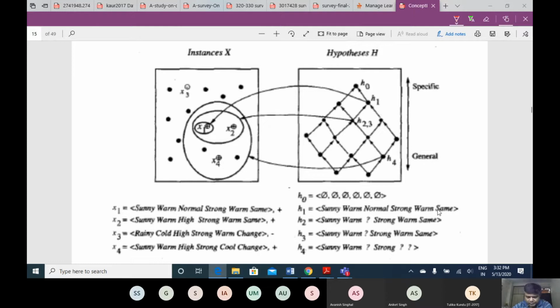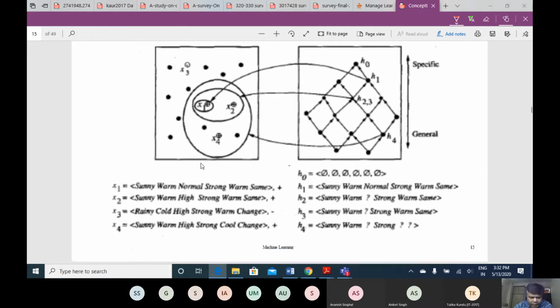Okay. Now looking at another example. Suppose now we see another example for which the value is positive. In the Find-S algorithm, we only consider examples for which the value is true for a particular concept. Starting from a particular example, we keep on adding all positive examples one by one and keep changing the hypothesis to a more general one.